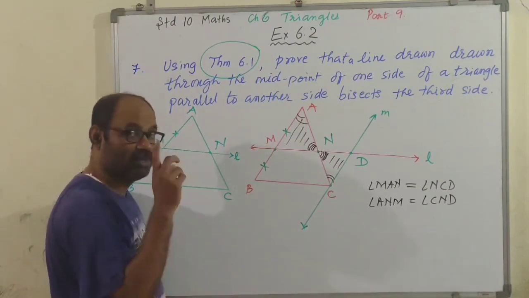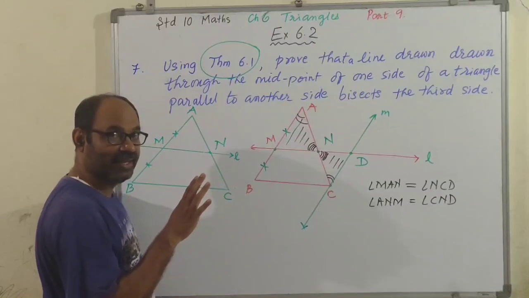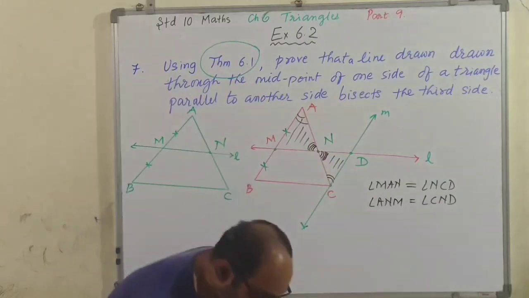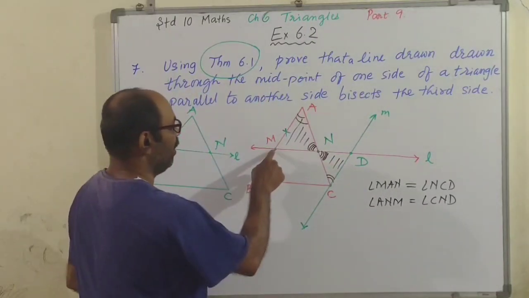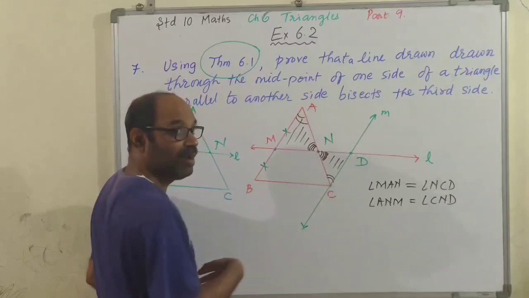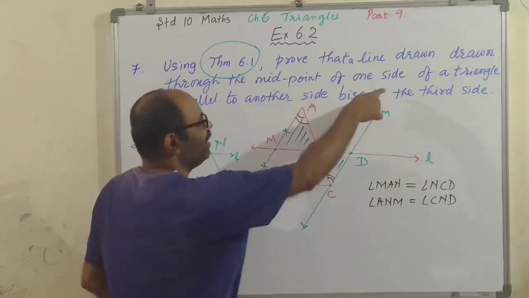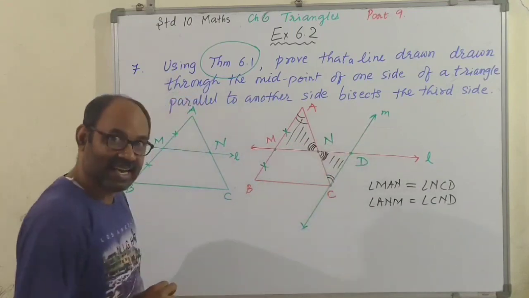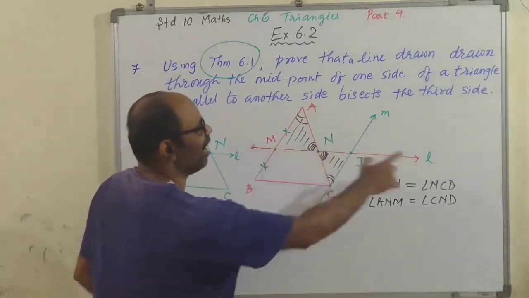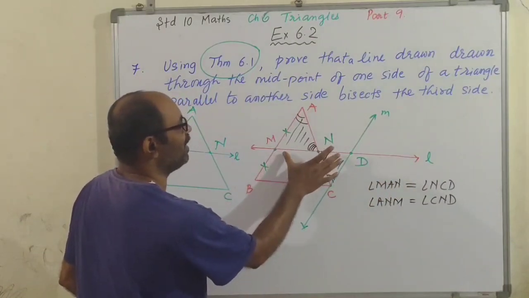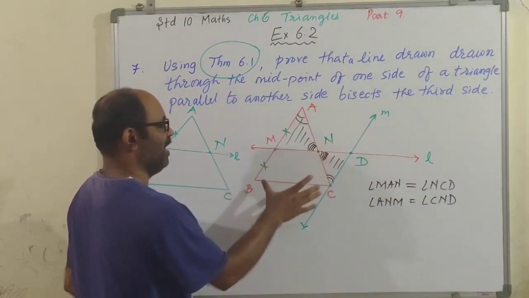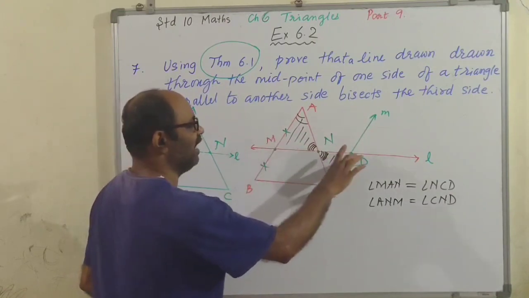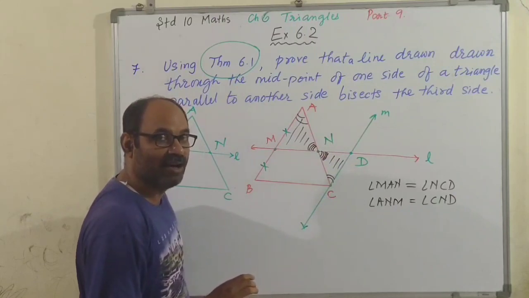Children, one thing you have to observe here: you are not going to get this directly. We need one more part to show that these two triangles are congruent. Now see, this one is parallel to this one. The whole line is parallel, so you can say BM is parallel to CD, correct? And BC is already parallel to L, so BC is parallel to MD. So MD and BC, one pair of opposite sides, are parallel. MB and CD, the other pair of opposite sides, are also parallel.